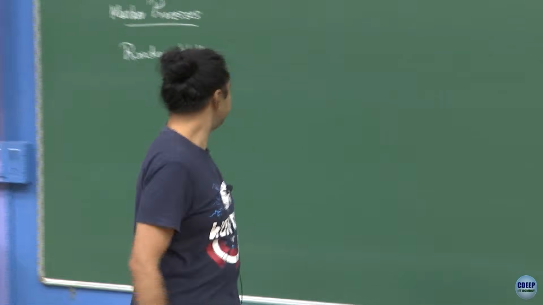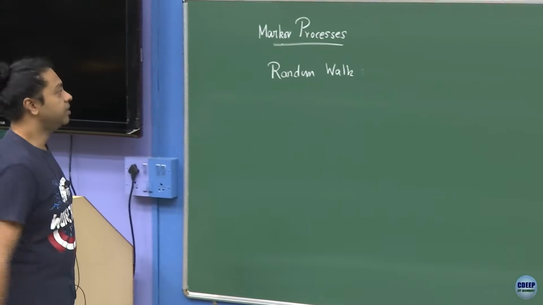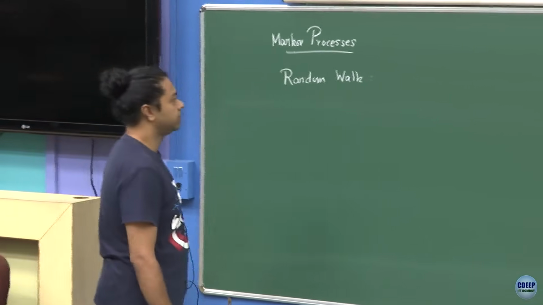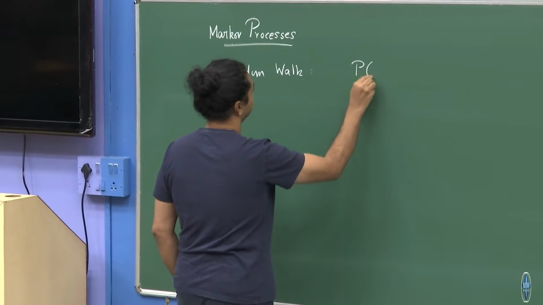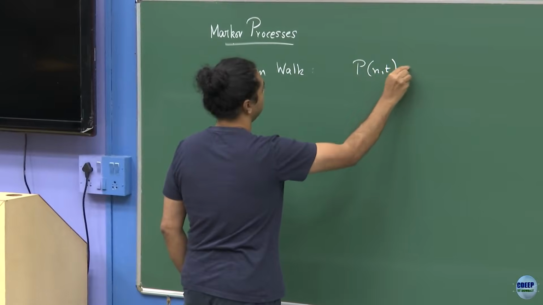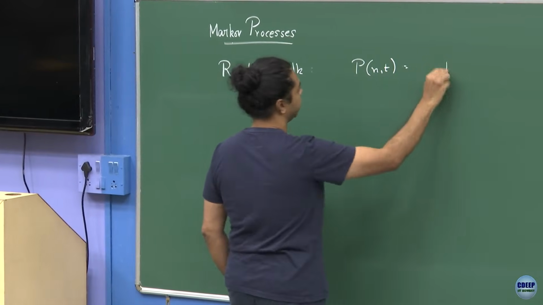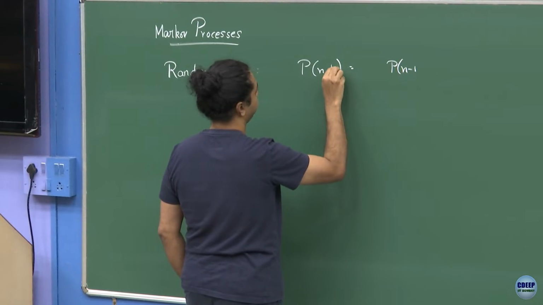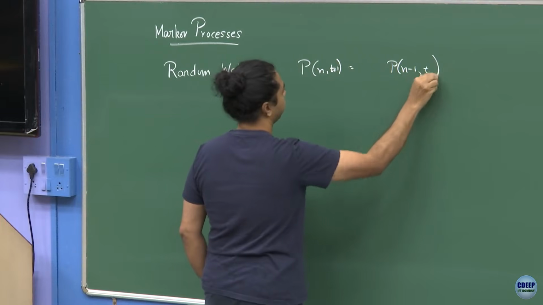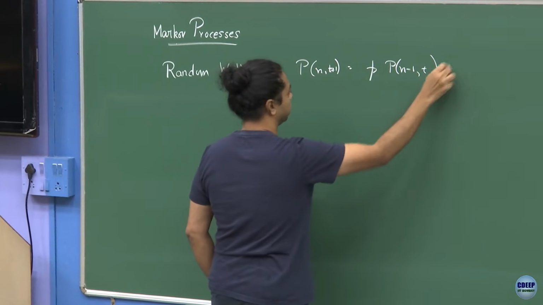So, what we have been doing since the beginning is random walks in its various incarnations. We started with the discrete random walk, where you could come from either the left or the right with associated probabilities.